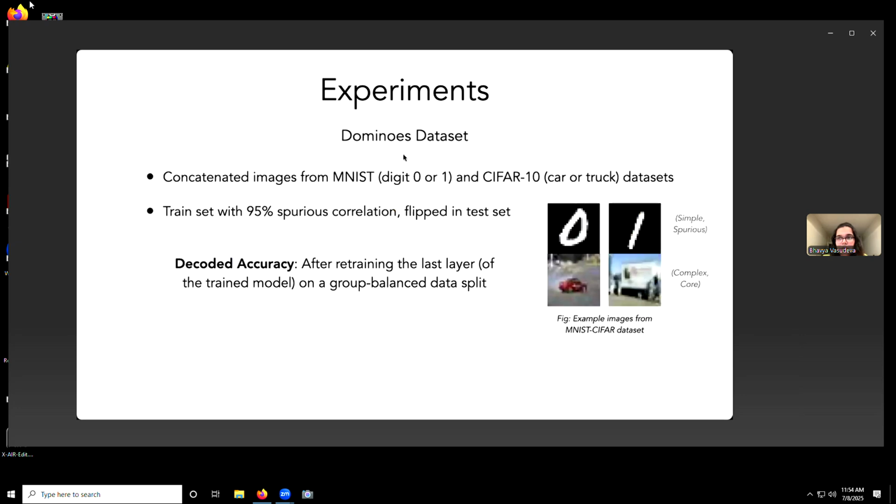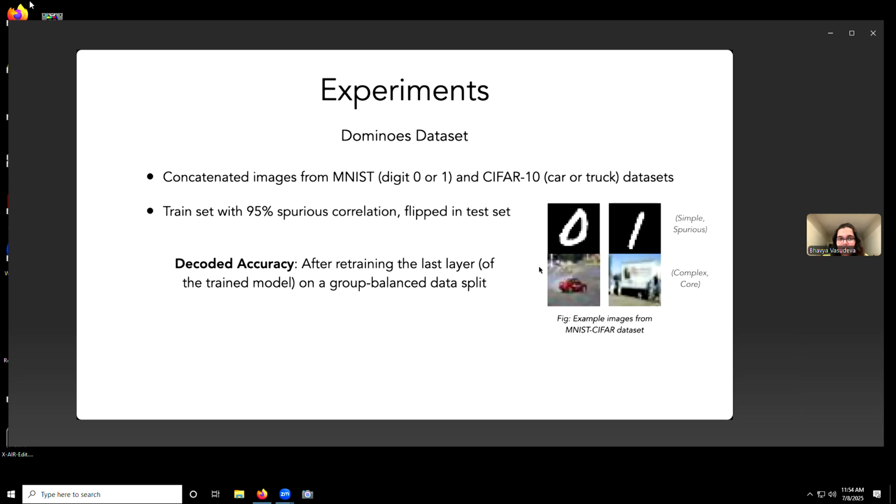Next, we consider the Dominoes dataset. In this case, the images are concatenated images of a digit from MNIST, 0 or 1, and an image from CIFAR10, which is car or truck in this case. And the MNIST part is the spurious part, and the CIFAR10 part is the core feature.